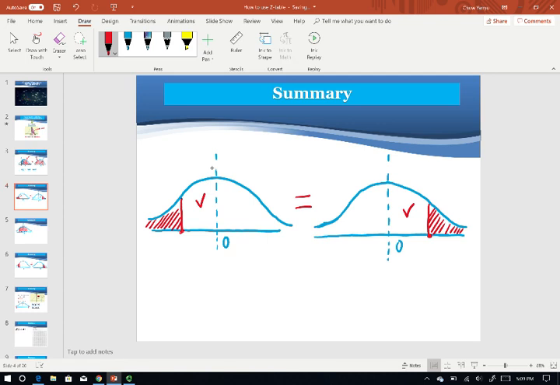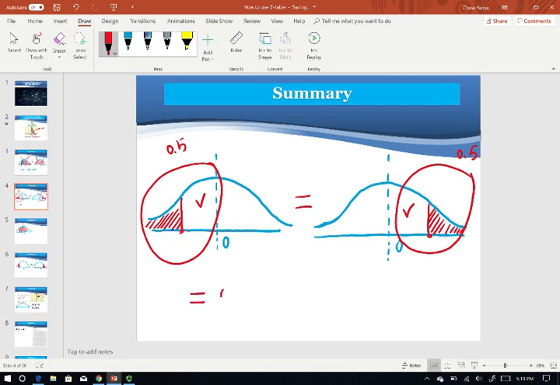Together, this whole part is 0.5, and this whole part is 0.5. These two pictures are symmetric. So the probability will equal 0.5 minus the table value.